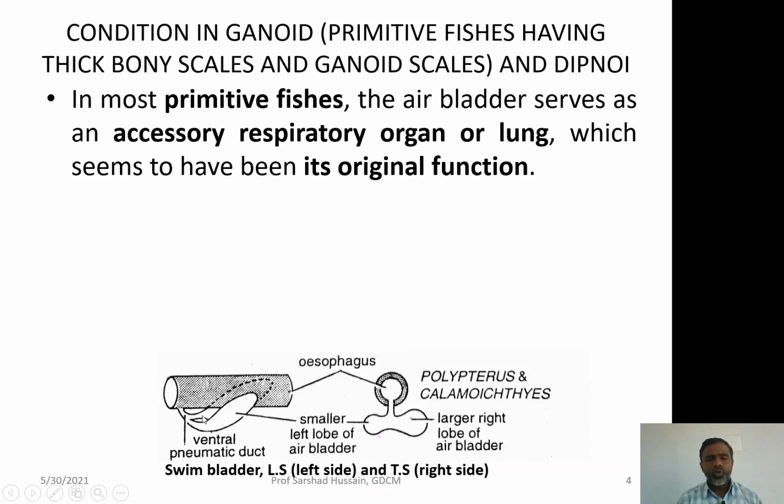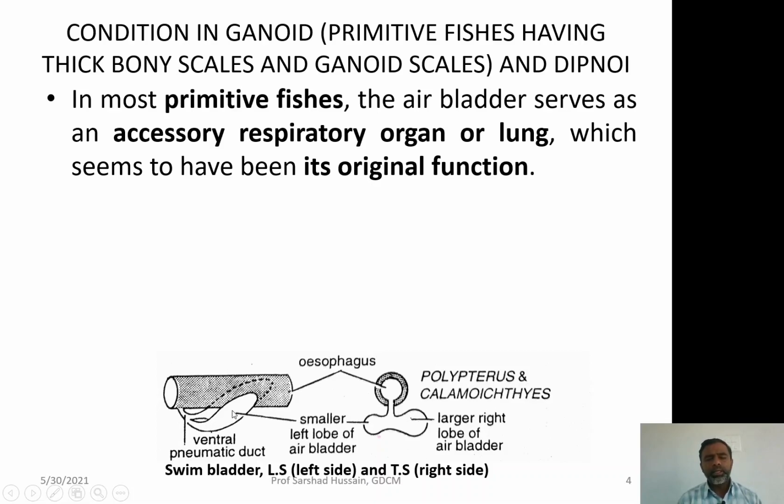So, in order to swim, it gulps air inside. When the fish wants to go down to the bottom, it squeezes out the air so that the body becomes heavier. In addition, the wall of this air sac, the swim bladder, is highly vascularized, having a rich supply of blood.